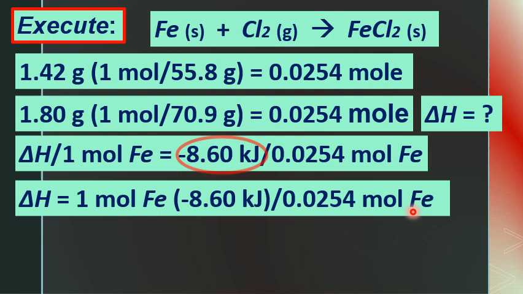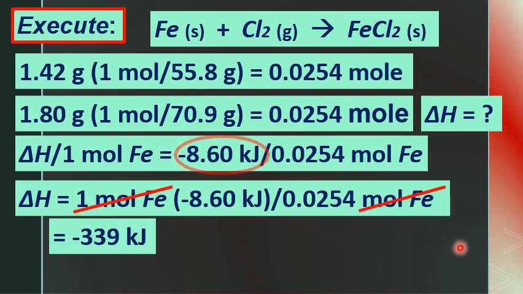Canceling the 1 mole iron, that leaves us with negative 8.60 kilojoules divided by 0.0254, which is equal to negative 339 kilojoules in 3 significant figures.